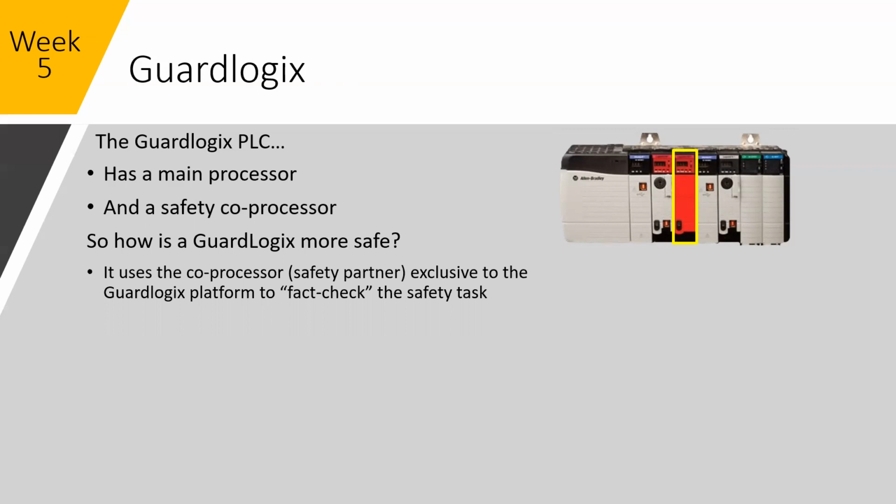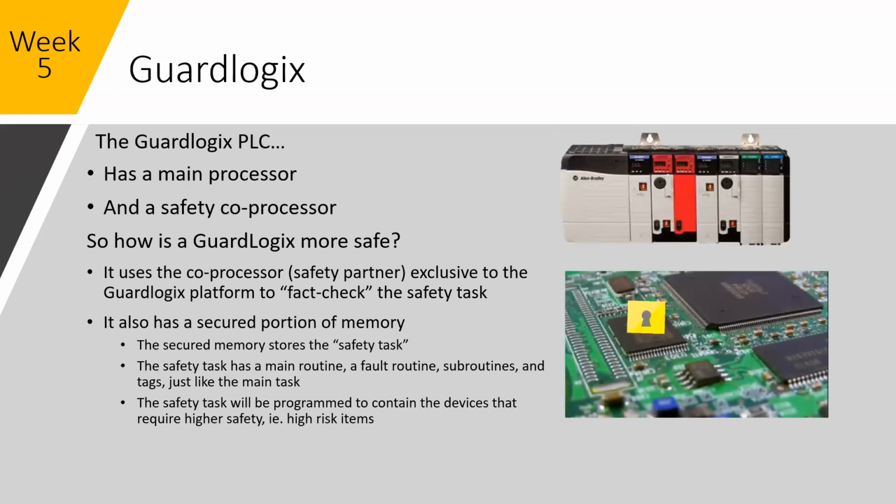With a safety controller, you can set up a safety task. There's a secured portion of memory that stores this safety task. The safety task has its own routine, its own fault routine, its own subroutines, just like the other routines that you can have in any other ControlLogix or CompactLogix. It's just that the safety one has a co-processor to go with it.